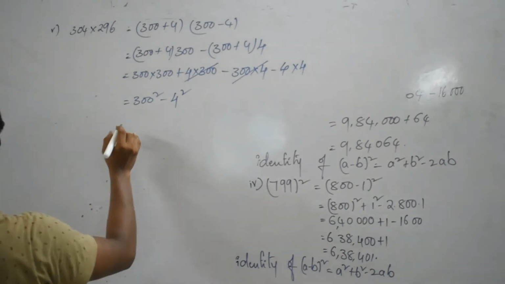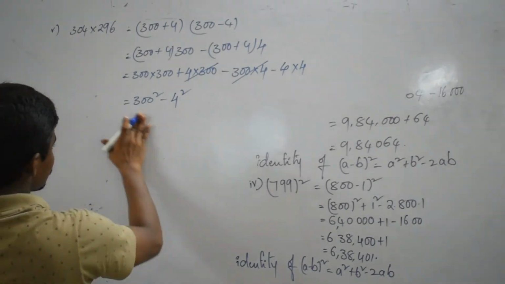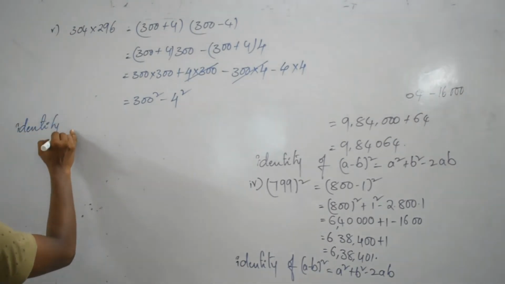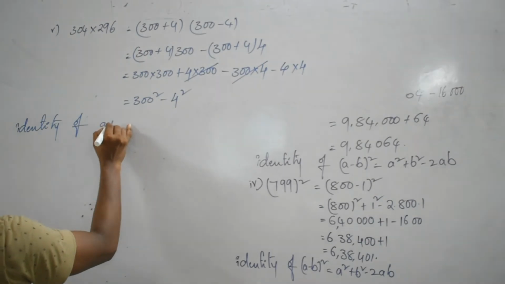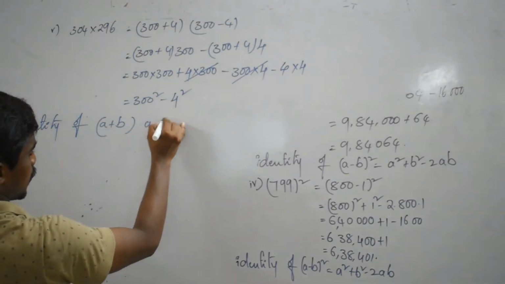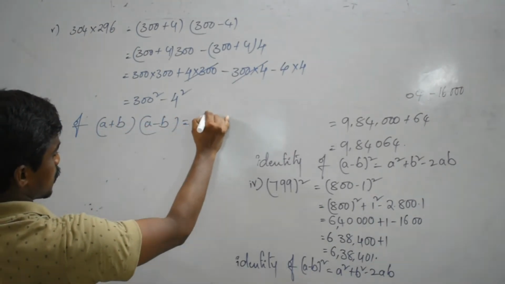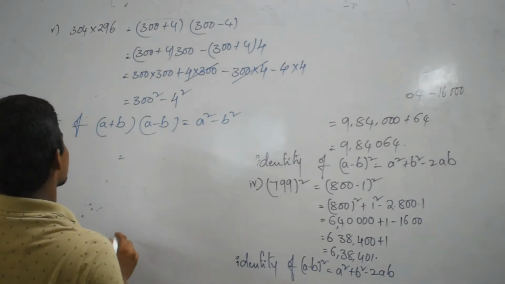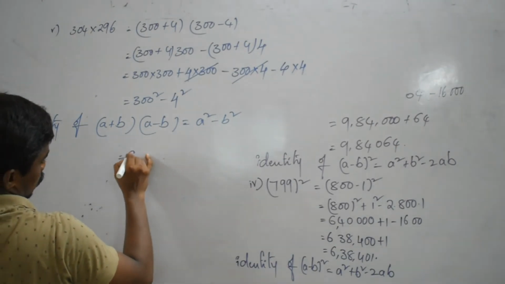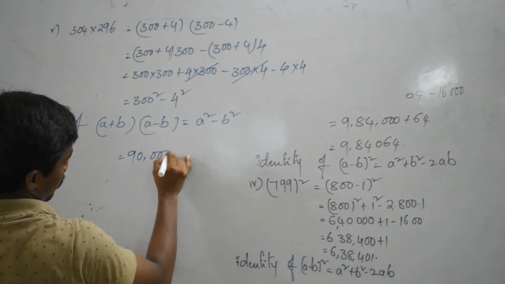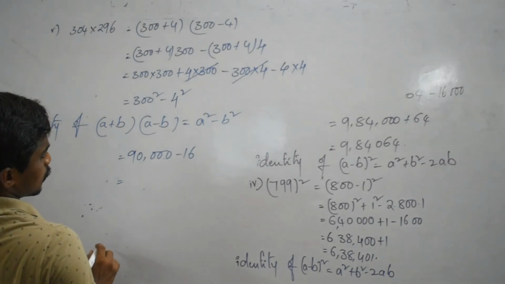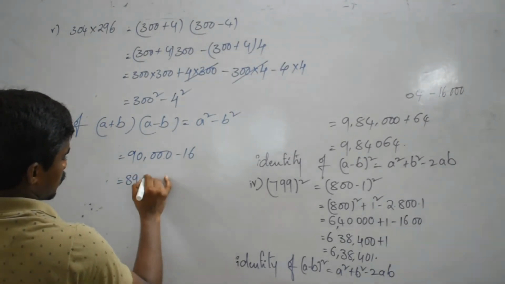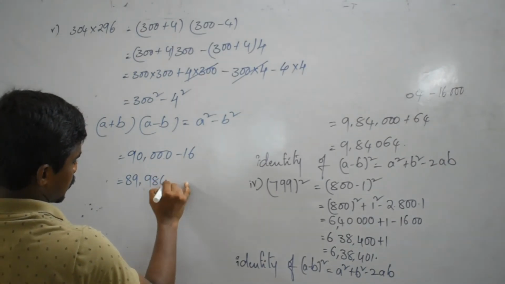This is the identity of (a + b)(a − b) equals a square minus b square. Like 300 square value 90,000 minus 16. So how much? 89,984.